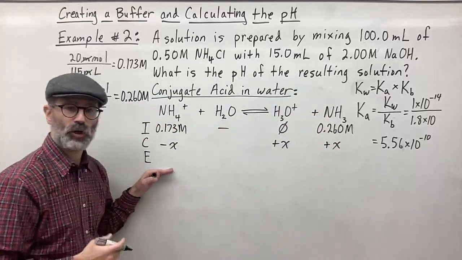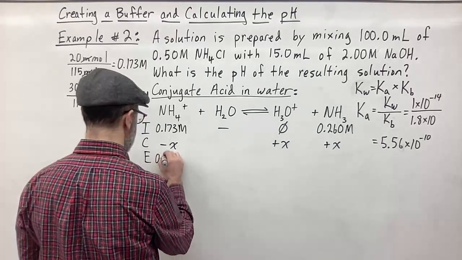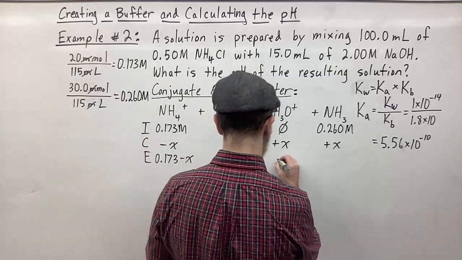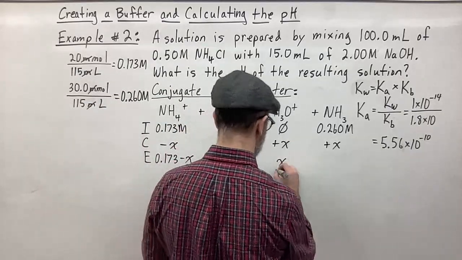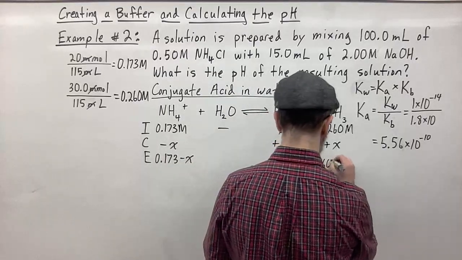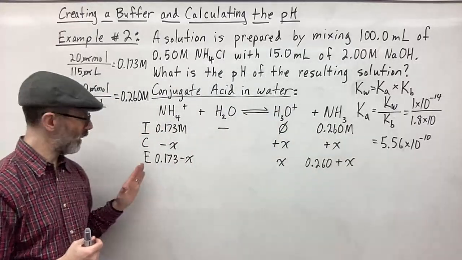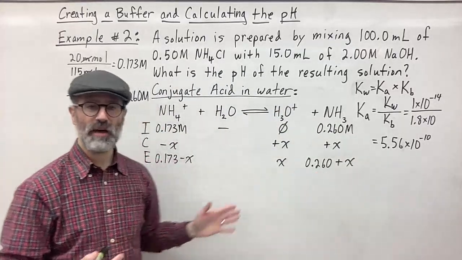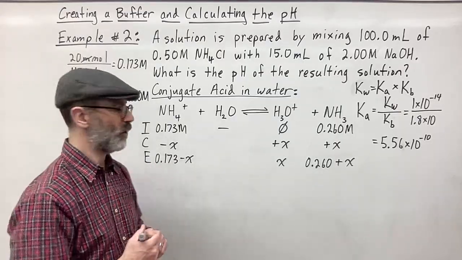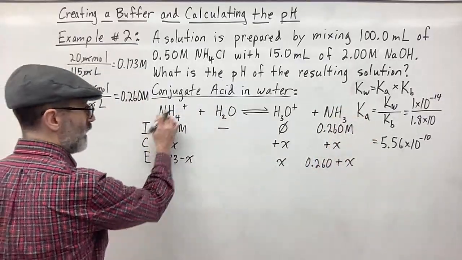So then the equilibrium concentrations in terms of X is going to be 0.173 minus x. This is going to be just x. 0 plus x is x. And then this is going to be 0.260 plus x. So now we have our equilibrium concentrations in terms of x. So now we can set up our expression for the K value. So this is going to be Ka, right? So this reacting with water.